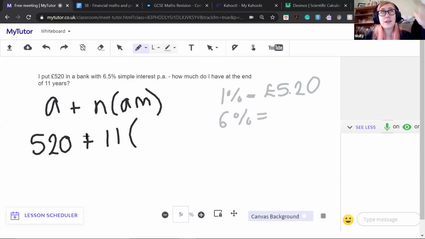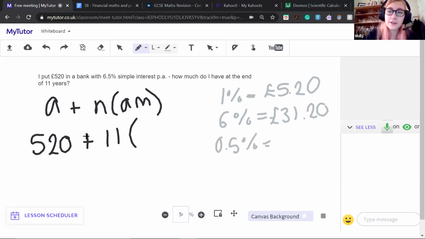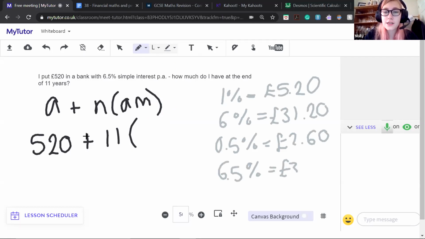So that's £31.20, I think. I hope. Yeah. And then we can find 0.5% by just halving the 1%. So that's £2.60. And then we can find 6.5% by adding the 6% and the 0.5% together. So we get £33.80.